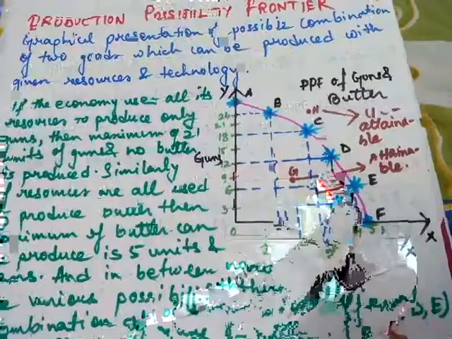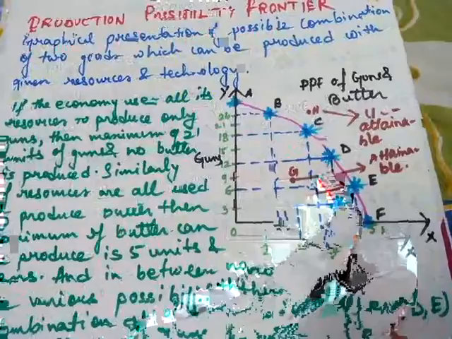So within this boundary you can attain any point, not G, any point inside it or on the border of this line. But any point which is outside this boundary is unattainable. So any point inside this curve is attainable, and any point outside this curve is unattainable.